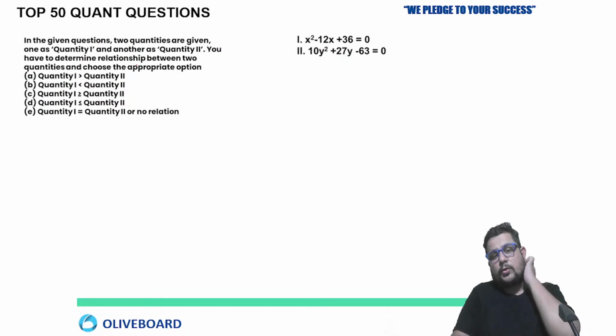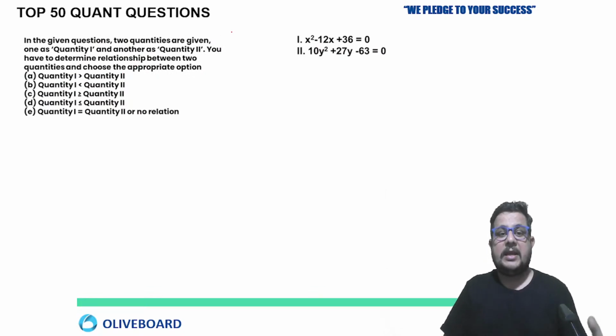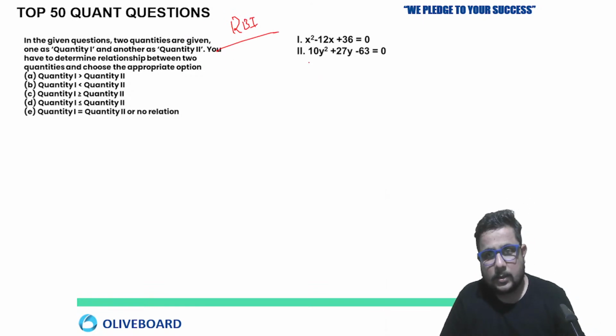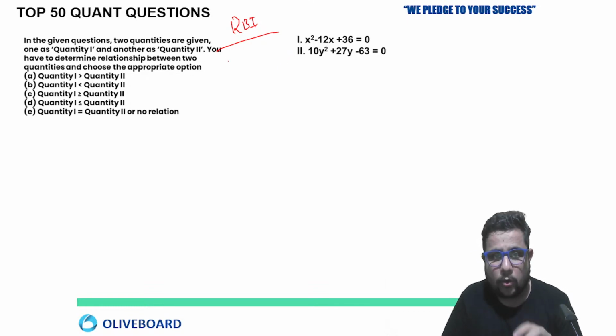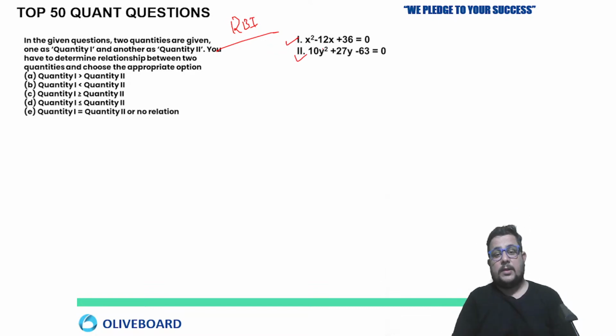Let's move on to the quadratic equation now, right? Here you are not going to see the level of RBI Grade B which we are expecting. But you will find that this is also the scoring part of your exam. If you have a good grip on this, you can easily solve. So here x square minus 12x plus 36 equals 0. Then next one. So tell me the answer.